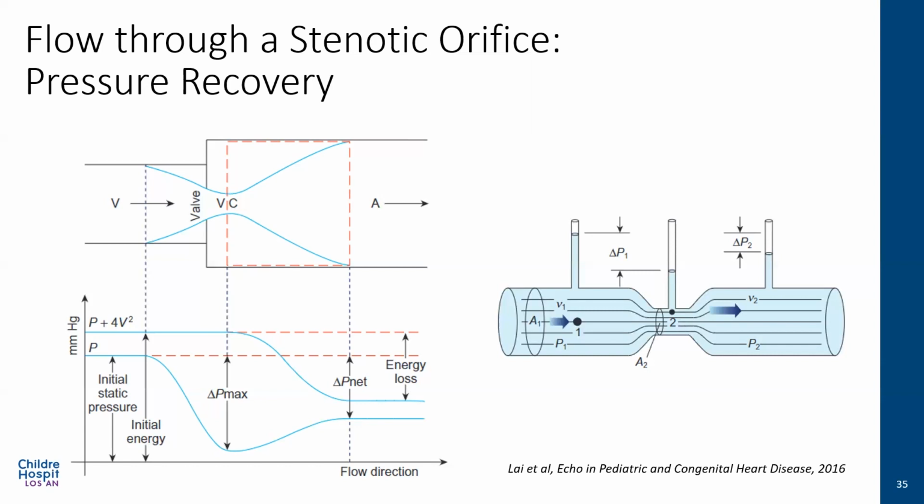The figure on the right is a Venturi tube, and this is a cylindrical pipe that has a streamlined constriction that is really designed to minimize any energy losses. So this is optimized to eliminate that parajet stagnant area. But basically for any given orifice size, the functional severity of stenosis is going to be greater in eccentric jets, both because of greater pressure loss and also reduced pressure recovery.